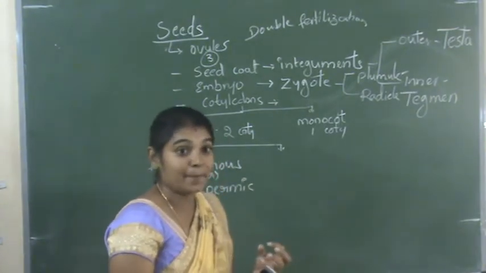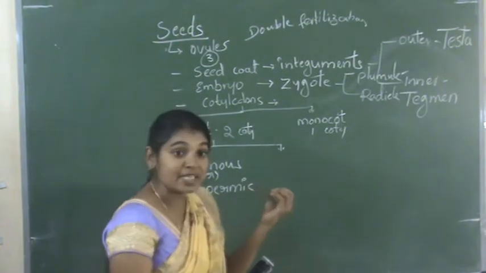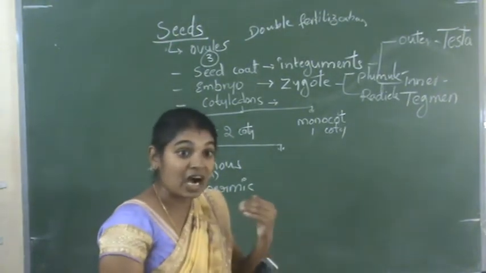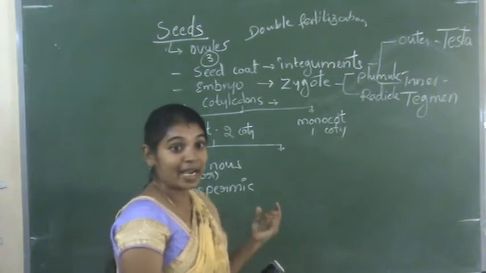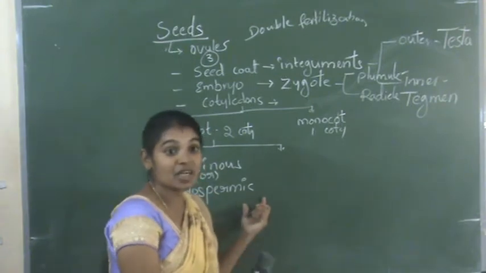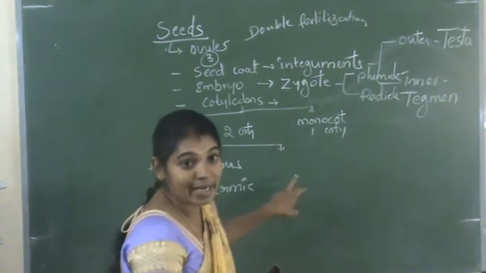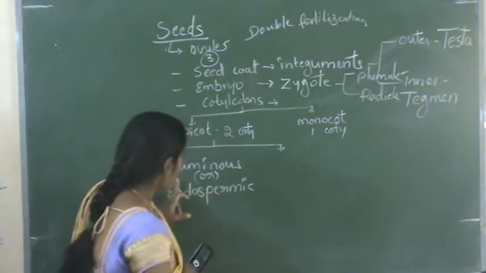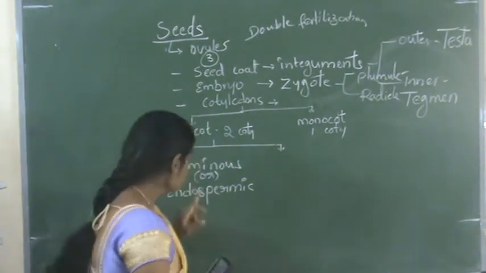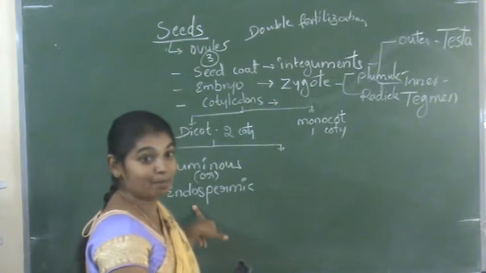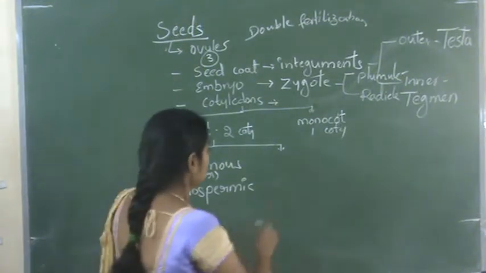If the endosperm is still present in the cotyledons even after the embryo consumes it, such seeds are called albuminous or endospermic seeds.